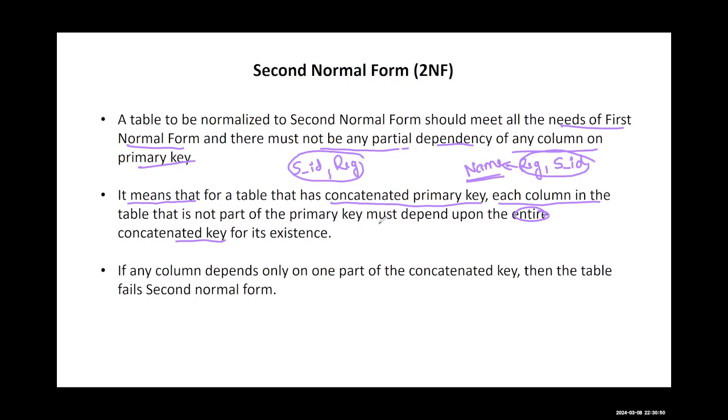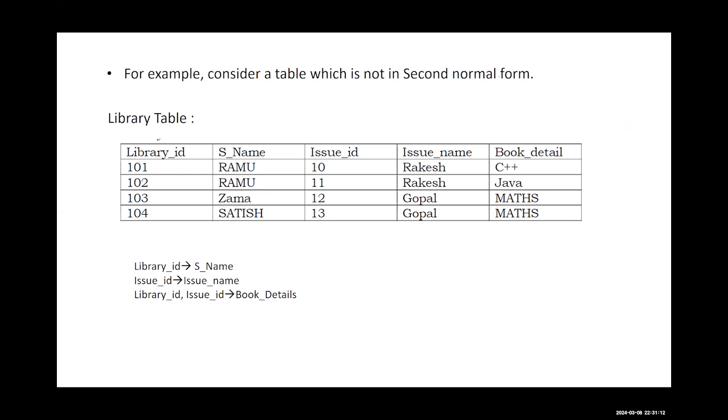The column values which are not part of the primary key must depend on the entire concatenated key. If any column depends only on one part of the concatenated key, then the table fails in the second normal form. Now let us see an example, it will be clear to us. This is the example given in the textbook.